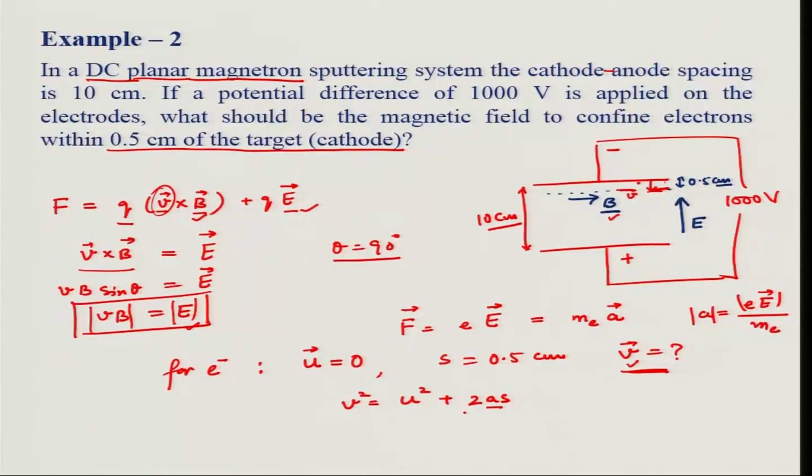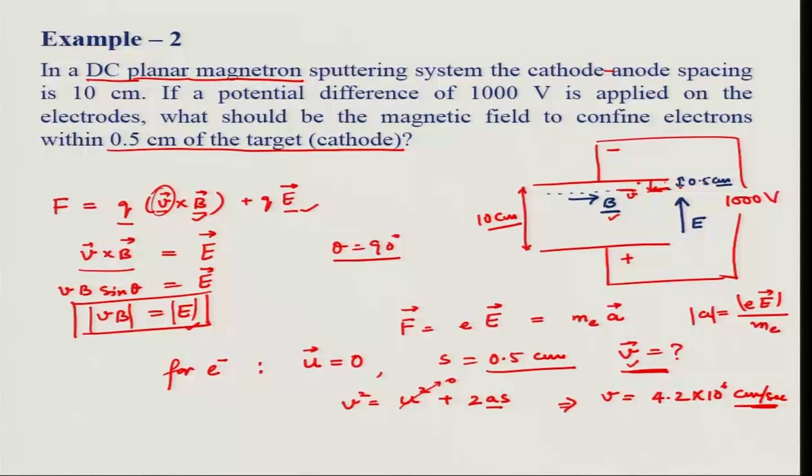And so, we know the acceleration, this term is 0, and we know S as 0.5 centimeter, and from this we can calculate V as V will be equal to 4.2 into 10 to power 6 centimeter per second, okay.